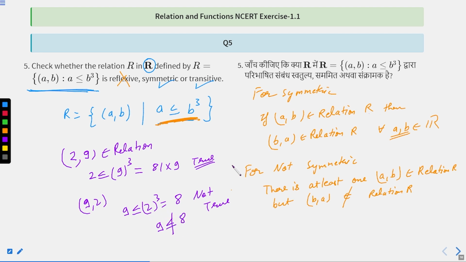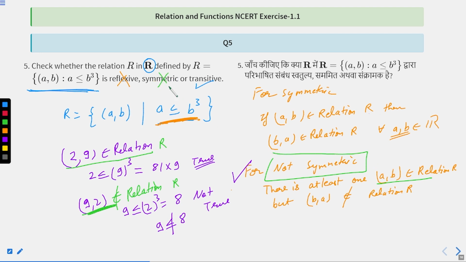So this means we have at least one (a, b) which belongs to the relation R, but the (b, a), the (9, 2), does not belong to the relation R. So from this I can say that it is not symmetric. Okay, I hope this is clear to you.